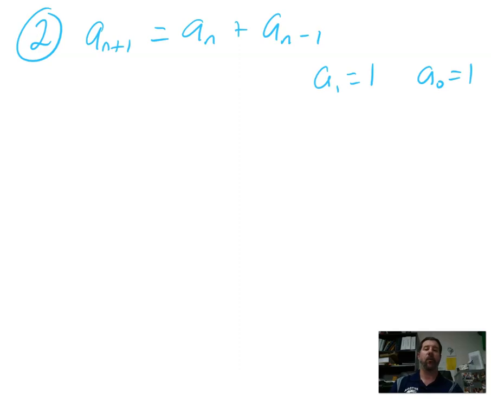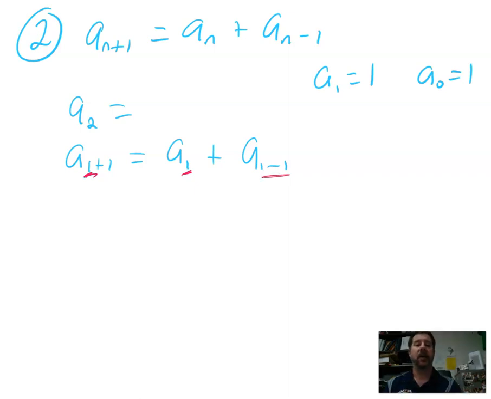Okay, so if I want to find the second term, a sub 2, that would be a sub 1 plus 1. And so that means n is 1. And there's my n value right here, right? So I need the first term, and then I need the first term minus 1, or a sub 0. So to find a sub 2, this would be the first term 1 plus a sub 0, which is also 1. So a sub 2 would be 2.